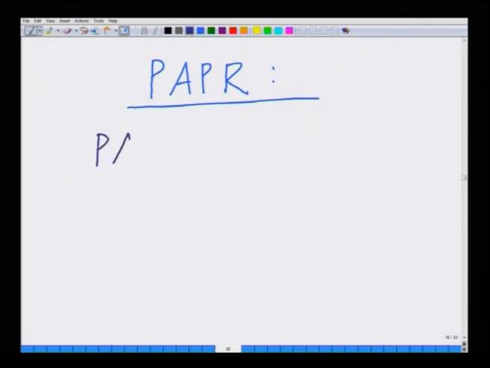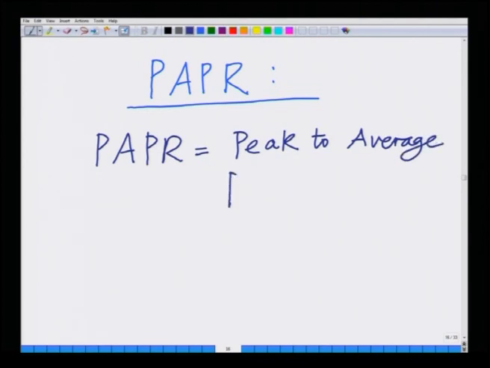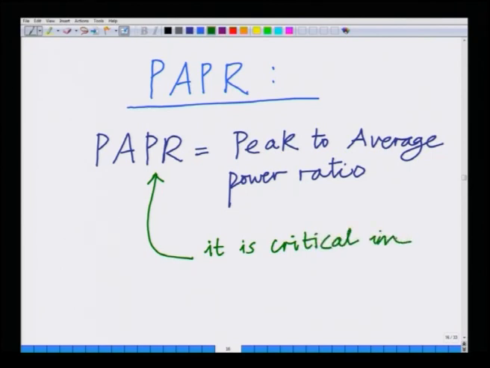PAPR stands for simply peak to average power ratio, and simply put this is a critical factor in an OFDM system. What does this PAPR issue mean?